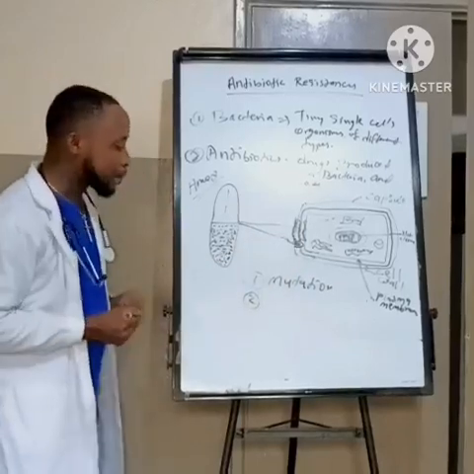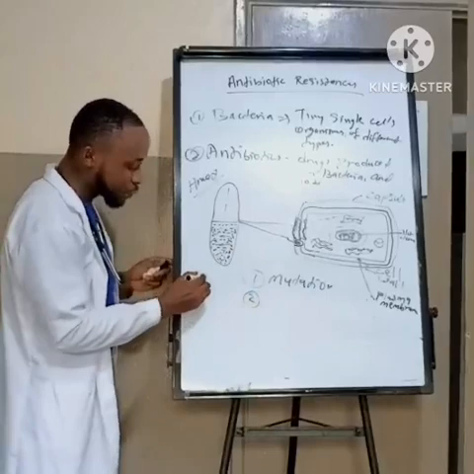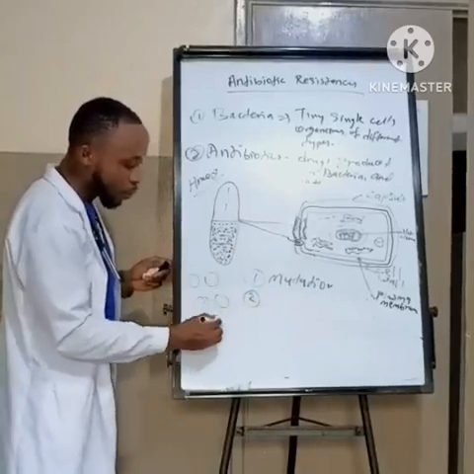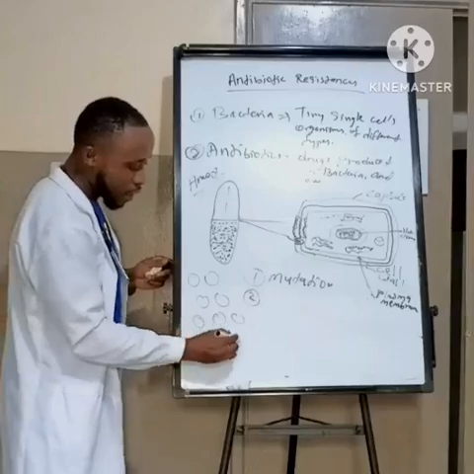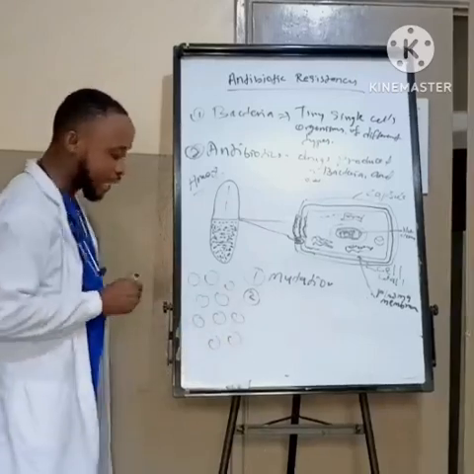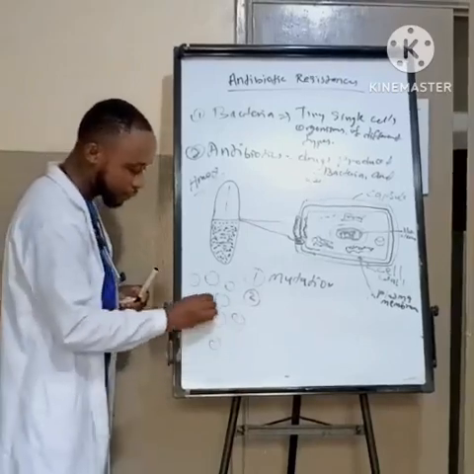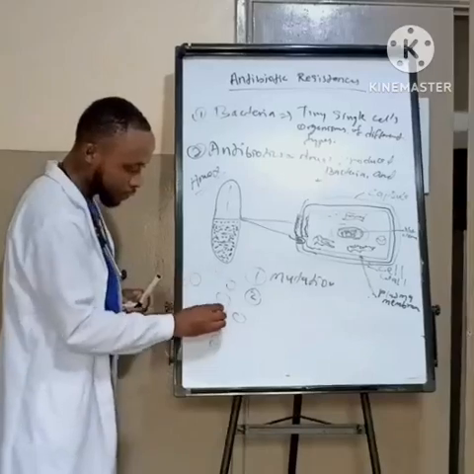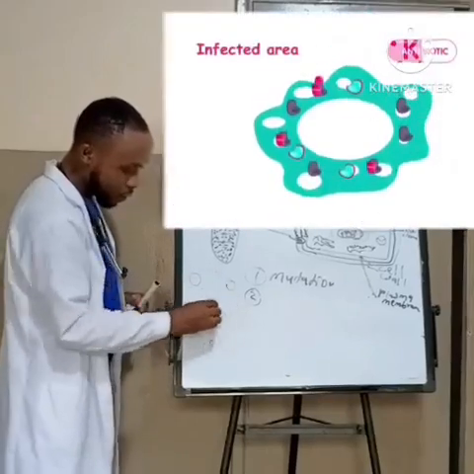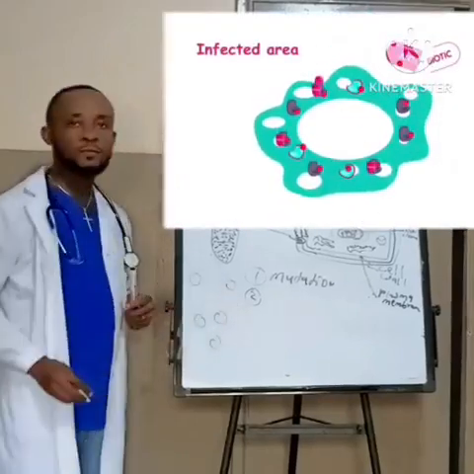Another way is that when antibiotics are released into the bloodstream, most of the bacteria they infect, assuming they are all bacteria, some of them die and some of them survive.